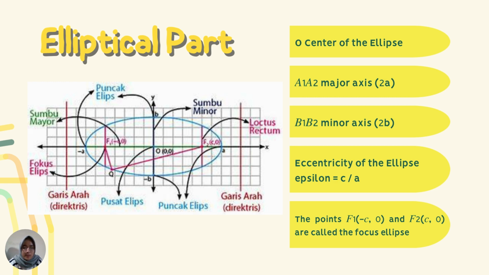This is B1, B2, the minor axis, 2b. The eccentricity of the ellipse, epsilon, is c over a. The points F1 (negative c, 0) and F2 (c, 0) are called the foci of the ellipse.